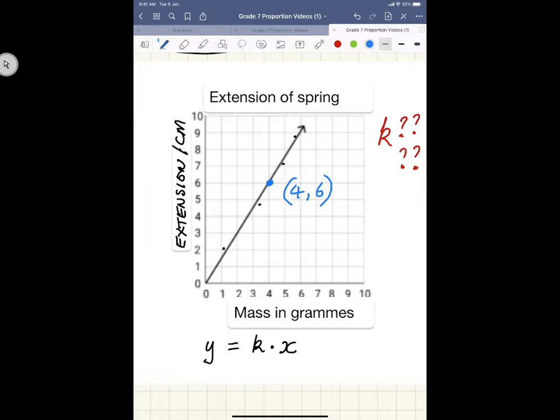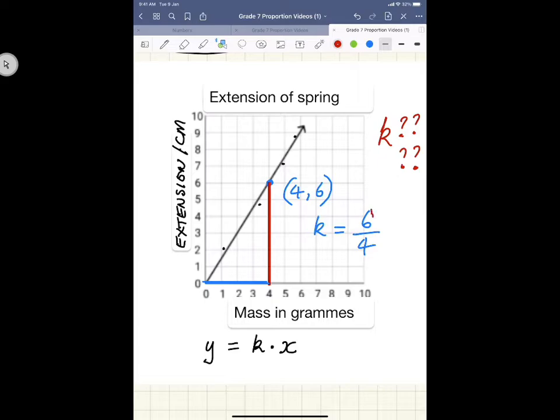Find k for me. 1.5? It is 1.5. Why is it 1.5? Because 6 divided by 4. K equals 6 divided by 4. From the pictures before, it's the rise over run, or delta y divided by delta x.